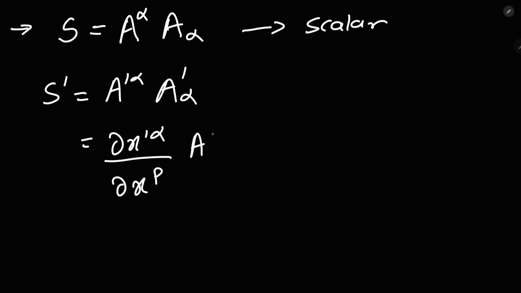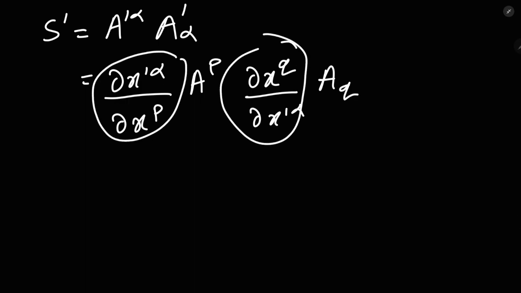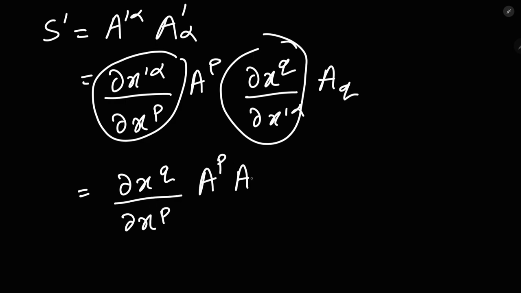A^P, this is a contravariant tensor, A'^alpha. This A'_alpha is a covariant tensor, so I'll write this as del x Q upon del x' alpha A_Q. Now taking the product of this with this, del x' alpha will go away, and we'll have del x Q upon del x P, A^P A_Q.